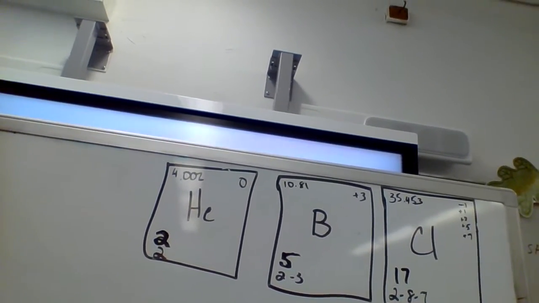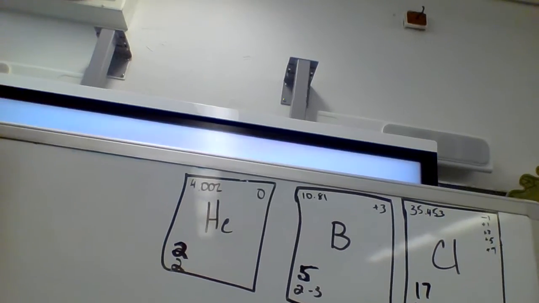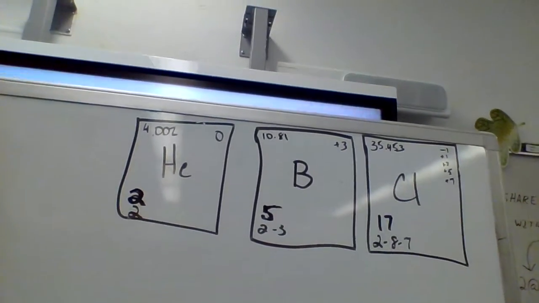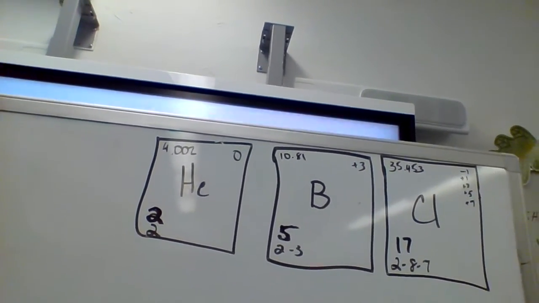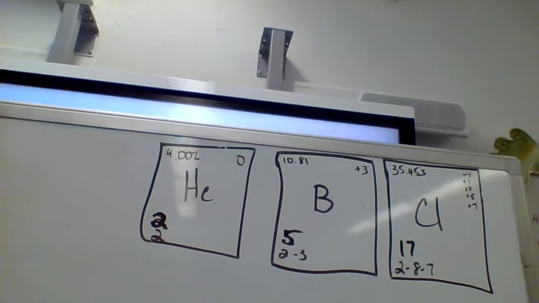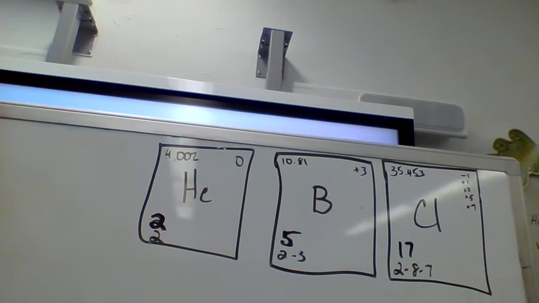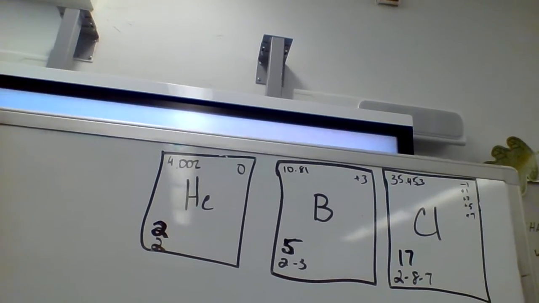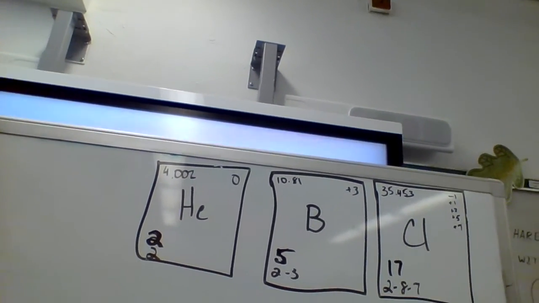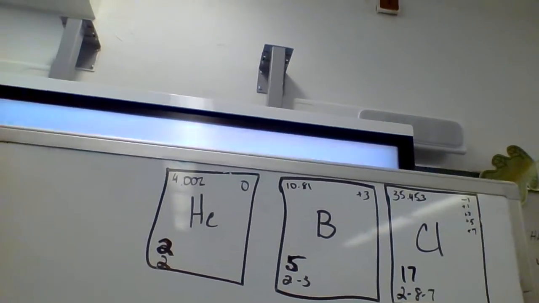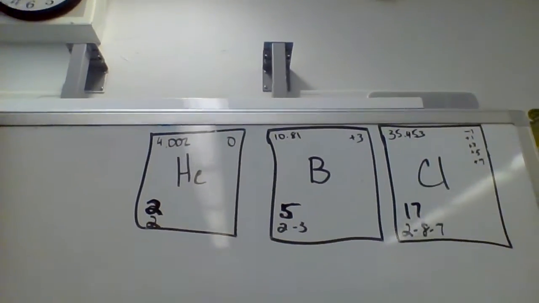So we consider balanced atoms, atoms with equal numbers of positive and negative charges, therefore equal numbers of protons and electrons. So each of these we can tell from its atomic number, not only its number of protons, but if it's balanced, its number of electrons.